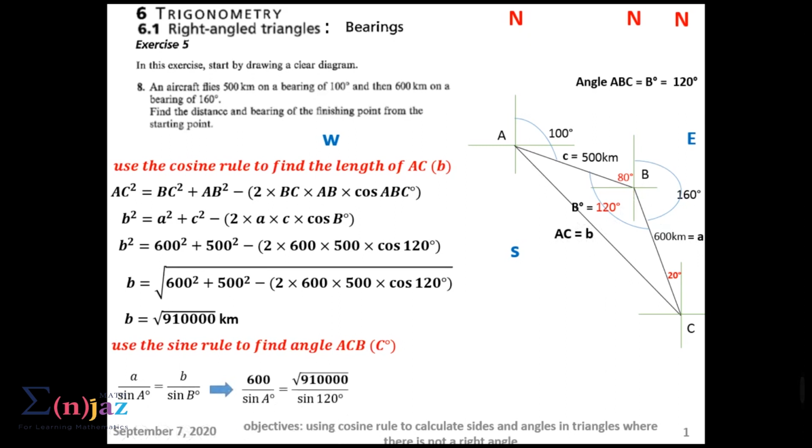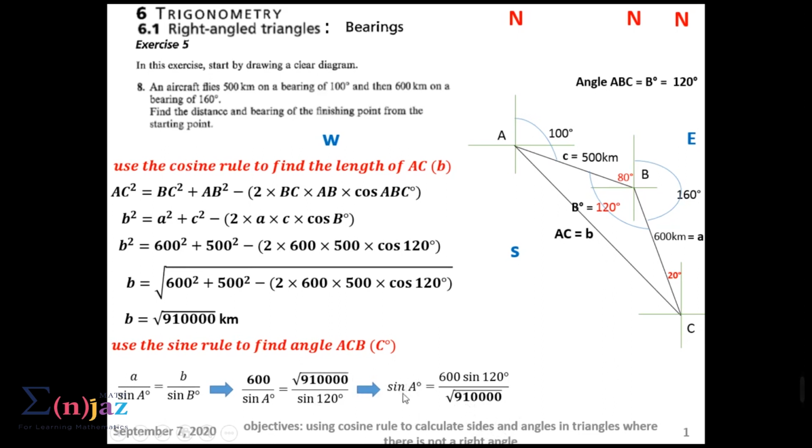A, it will be 600 over sine A, which is my unknown, is equal to square root of 910,000 over sine 120. If we cross multiply, we're going to end up with sine A is equal to 600 times sine 120, all divided by square root of 910,000.